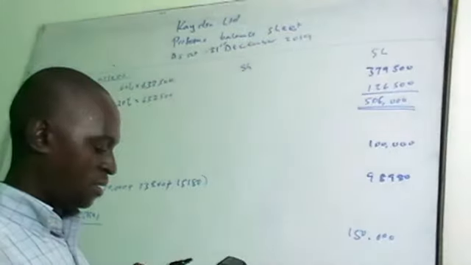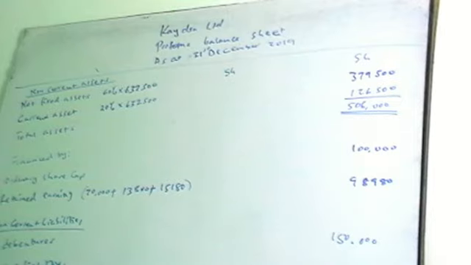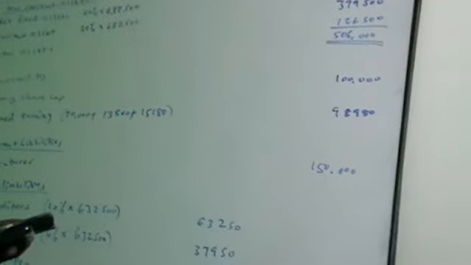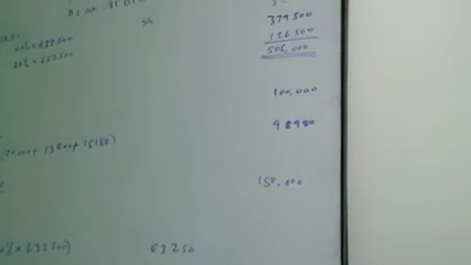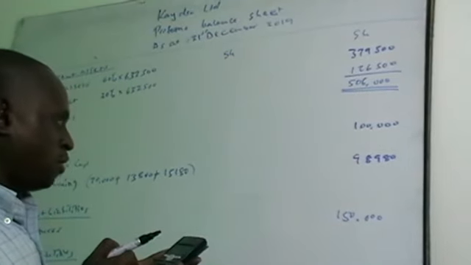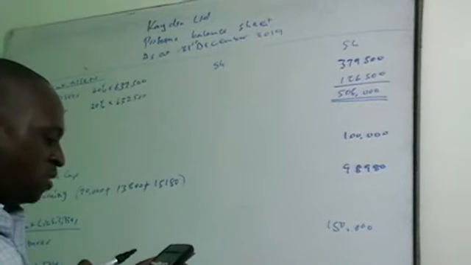So we are adding all that. Plus 150,000. Then we have 100,000.